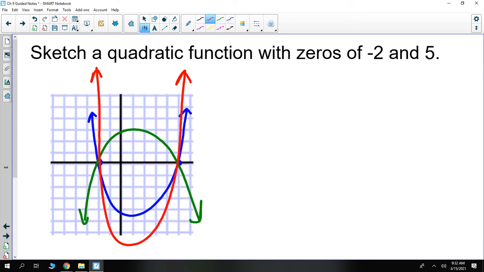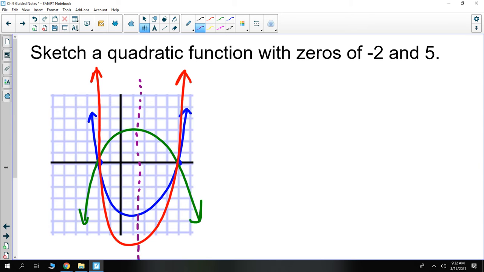You have to make a U shape, and you have to make it go through -2 and 5. Notice, every single one of these has the same location. I didn't draw this very accurately. Maybe I should draw them a little better, because right in between all of these would be the axis of symmetry.